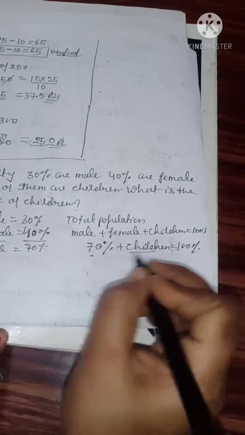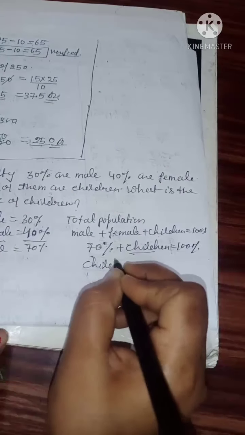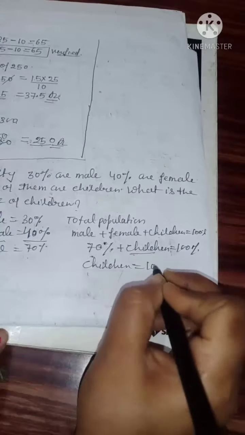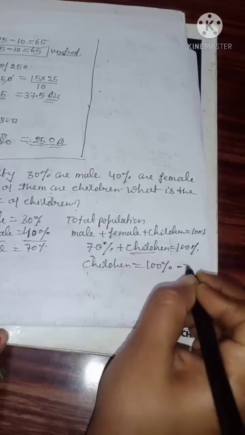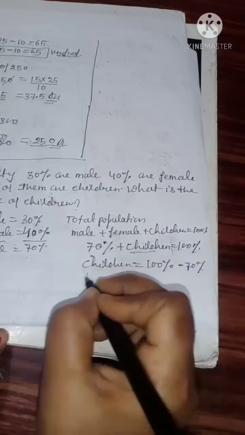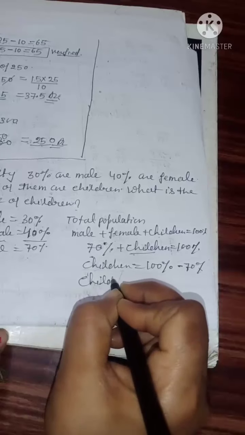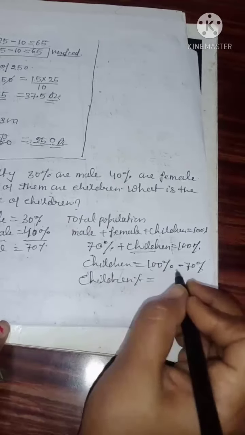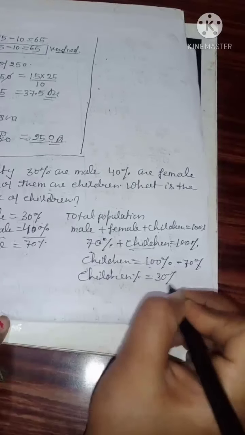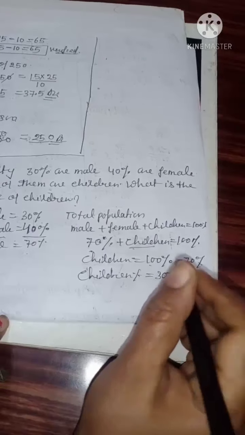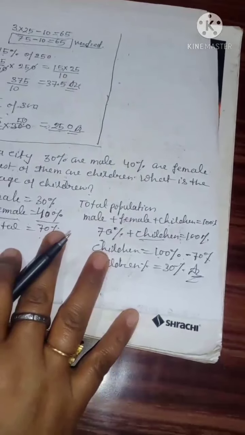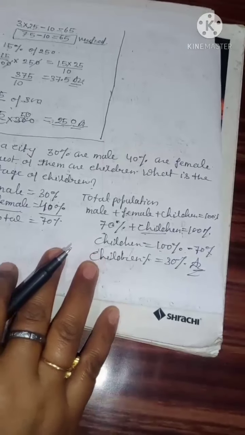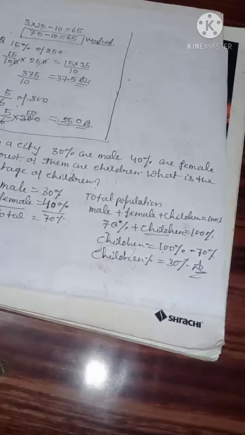So children will be, beta, 100% minus 70%. So children percent will be how much, beta? 100 minus 70, 30%, and this will be your answer. So in this way, if a question like this comes, you will do it in this way.